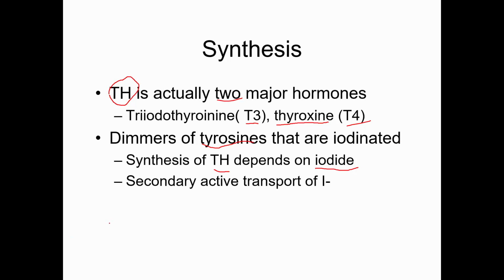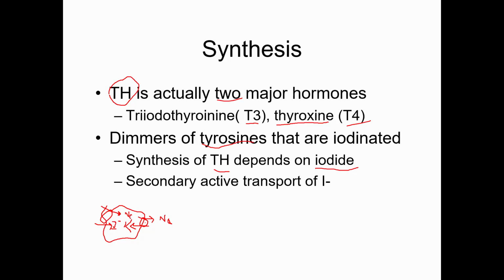And in those follicular cells, we're going to have secondary active transport of iodide. So if you remember from some of Dr. Olson's lectures, you could have a cell, you'd have a sodium-potassium ATPase on one side, that's a primary active transporter making a sodium gradient, and then we could use the sodium gradient to bring in iodide along with the sodium.